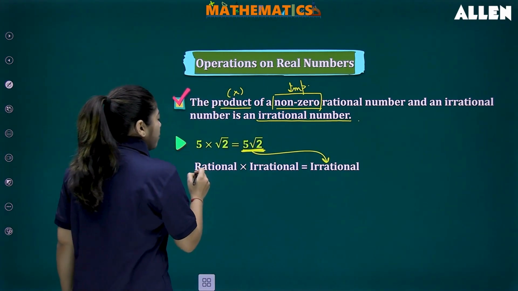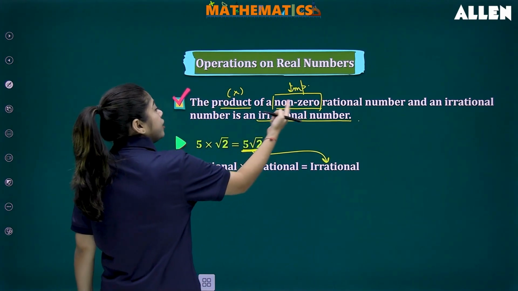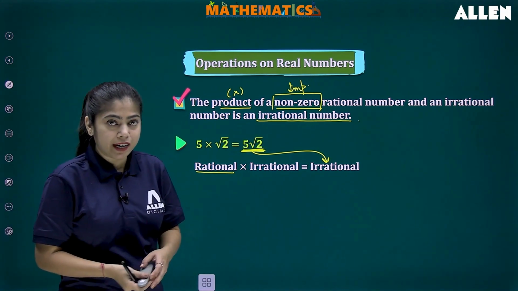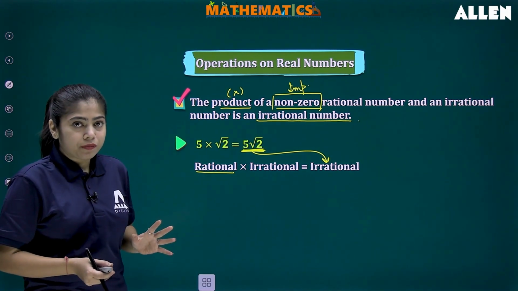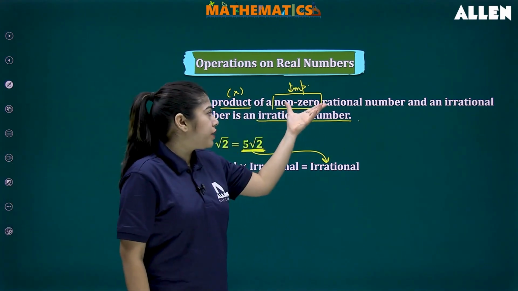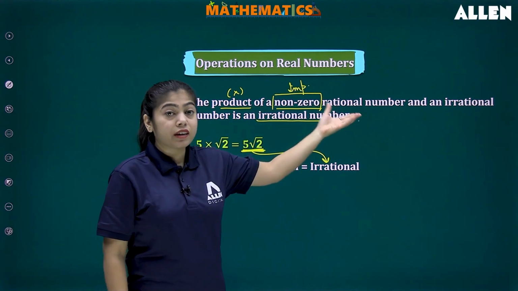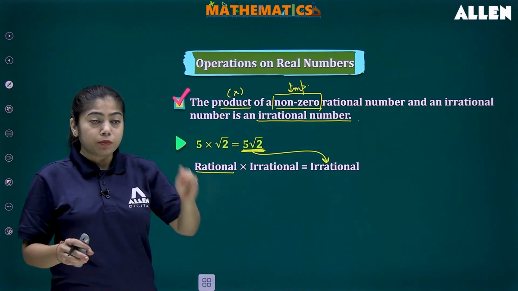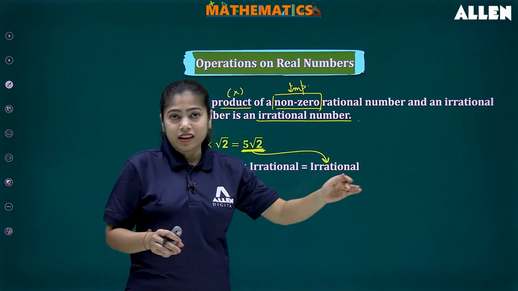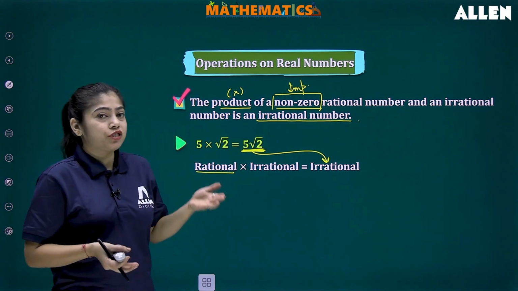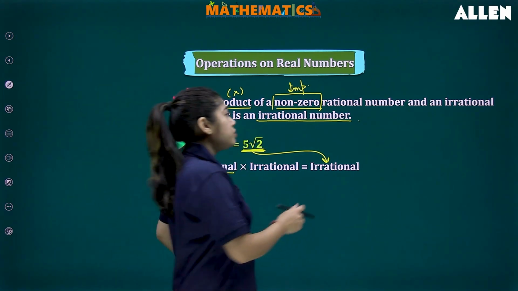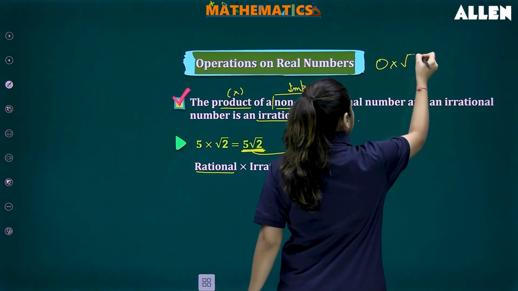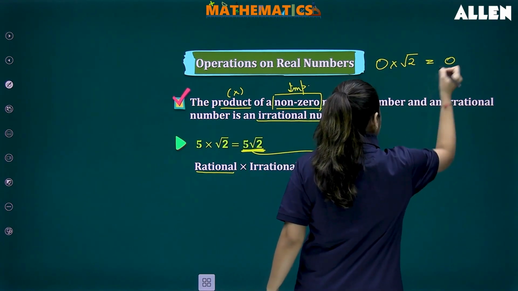Also class, you can see what kind of rational number we have written: non-zero rational number. We do not have to put 0 here, right? Suppose I do not write over here that we need to take non-zero rational numbers. We can take any rational number. So the product of rational and irrational need not be irrational always. Why? Because when we multiply 0 by any irrational number, the answer will be 0.